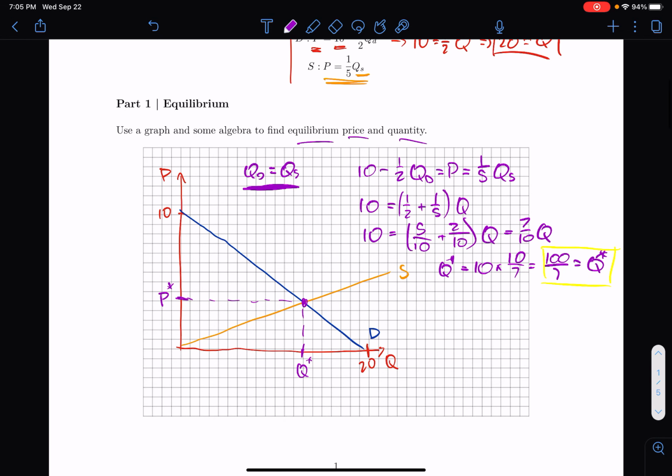Now the equilibrium price is simply, we can use the supply curve and plug the quantity into the supply curve. So we know price in equilibrium will be 1/5 times 100 over 7.